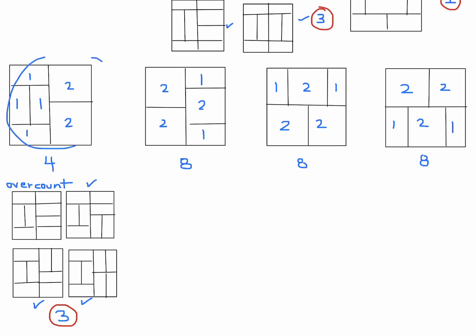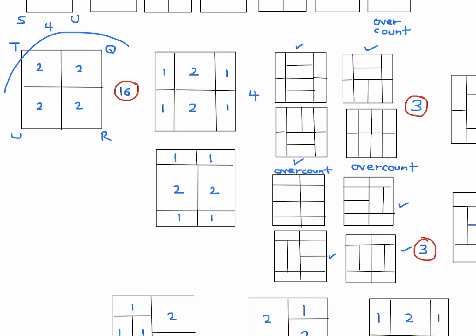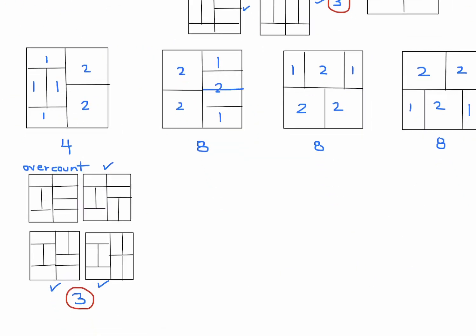just like how I did with this guy here, you will immediately realize that for this box, if you drew it like this, it would basically be overcounted in one of these first 16. You would not create any unique ones.